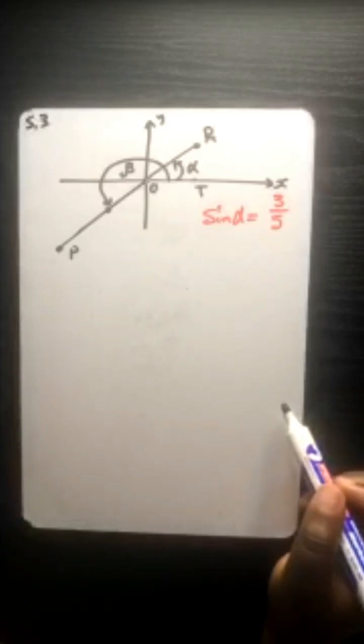Most importantly, before we can even start looking at the questions, let's try to complete a right-angled triangle. Remember, we know that sine is opposite over hypotenuse.